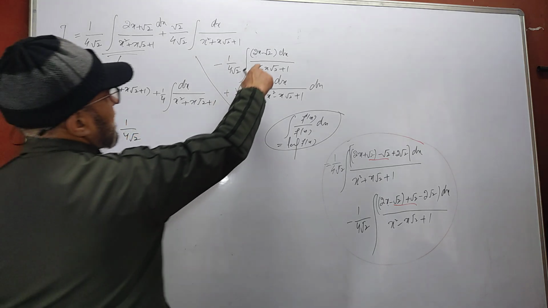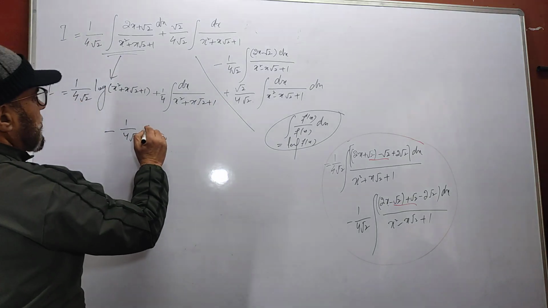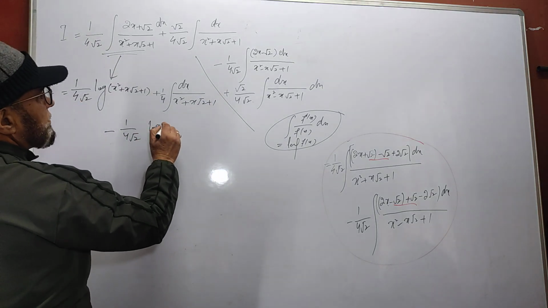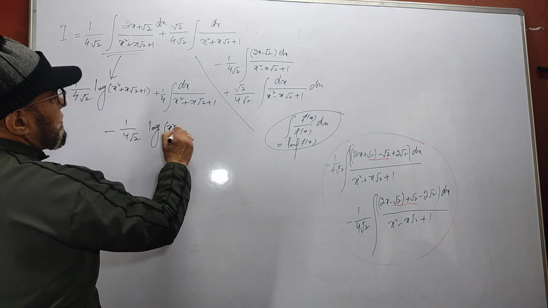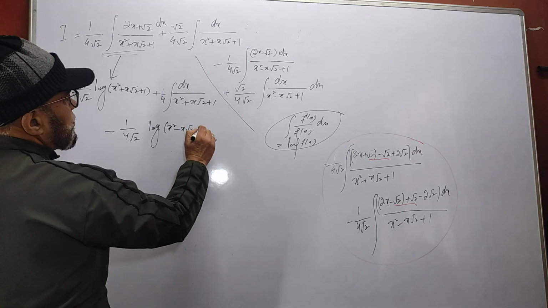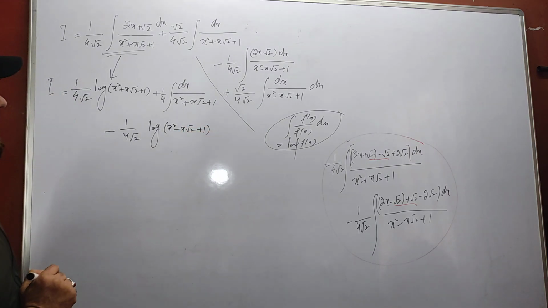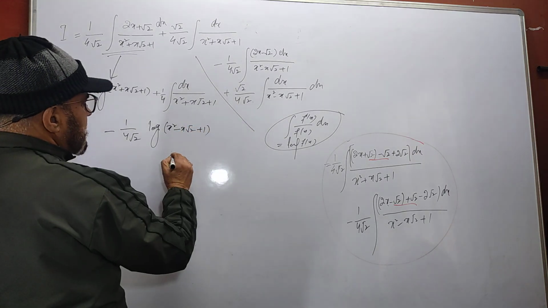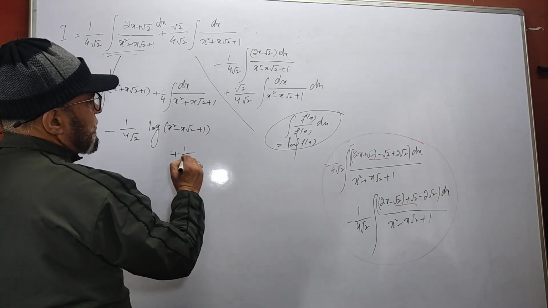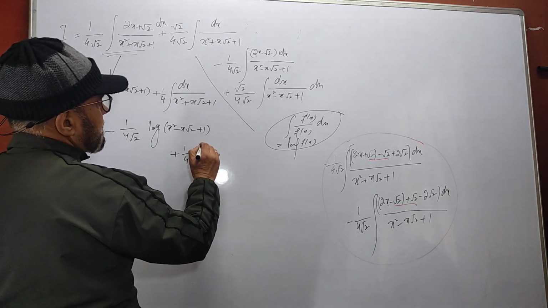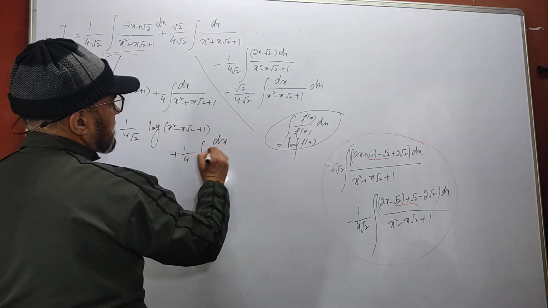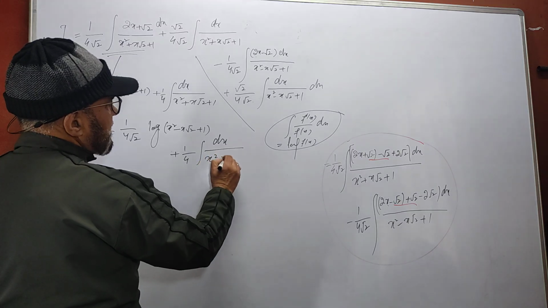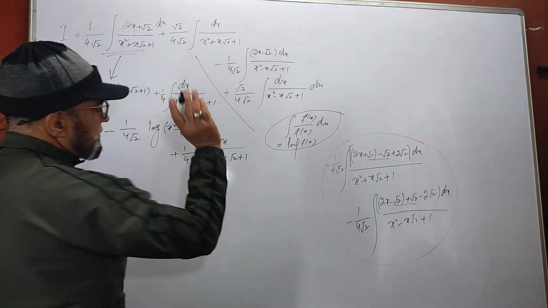Look here, it is f' by f(x). This is log of the denominator also, x² − x√2 + 1. Then this integral plus 1 by 4 the integral of dx by x² − x√2 + 1.